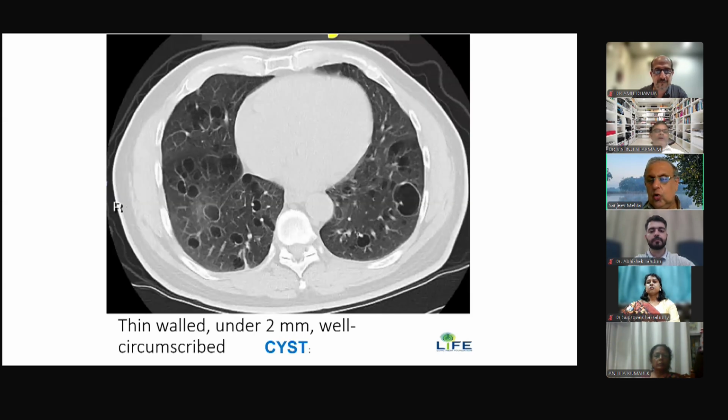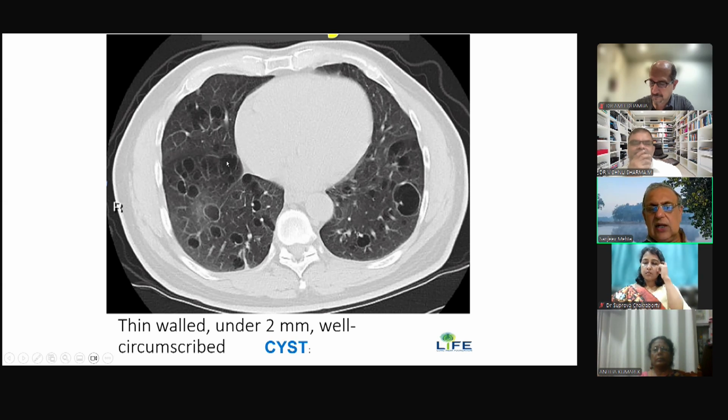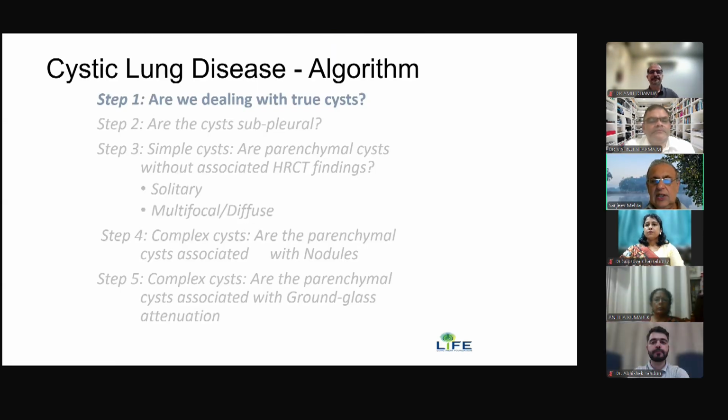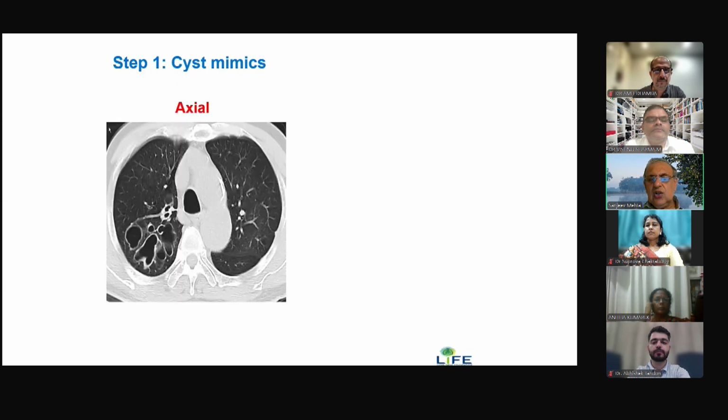But before that, this is a cyst showing you the classic feature of thin wall. There's a thin wall, multiple cysts, and this will classically fit into a cystic lung disease. Now, before we call this a cyst, we are going to ask ourselves the very question that you asked me: is it a cyst or is it something else?